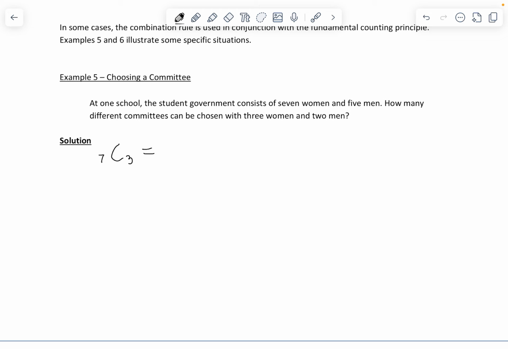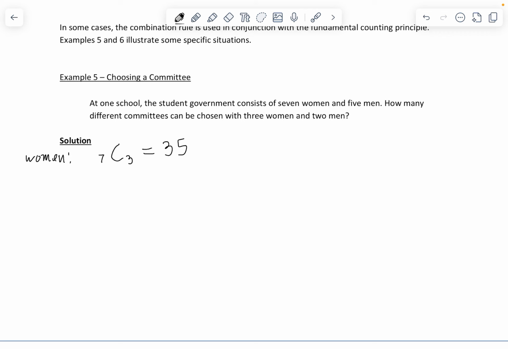I'm not going to take the time to work these out in detail because we've gone over several examples of how to do that. But again, you are welcome to use your calculator to do this. This works out to 35. So there are 35 ways that we can choose 3 women from the group of 7 women.